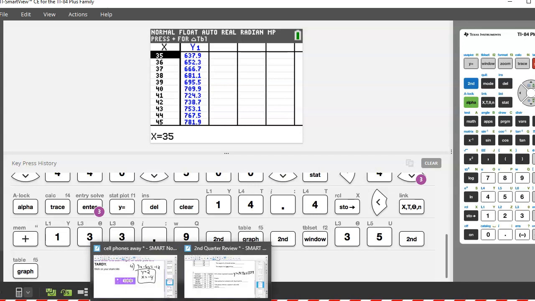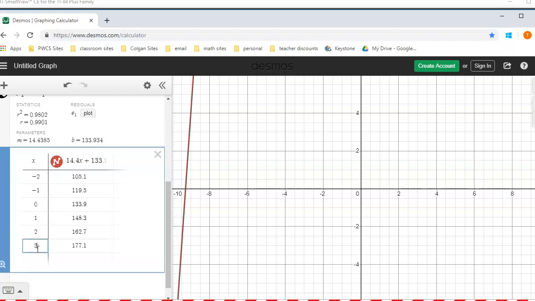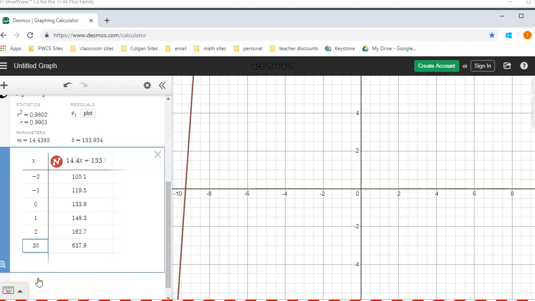On Desmos, you would just put that into your table. So if I put in 35, those numbers are different. I don't know why. Wait, what did you put? Oh, I put 34, not 35. Okay. 637.9 should be your answer for that one.